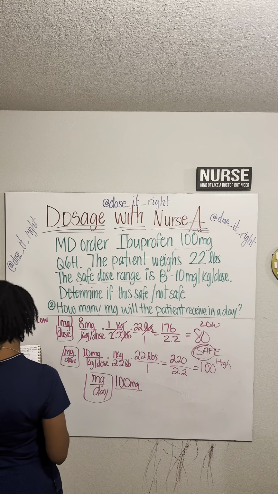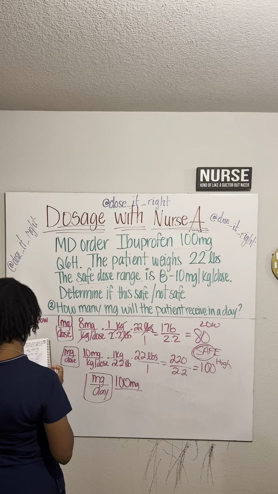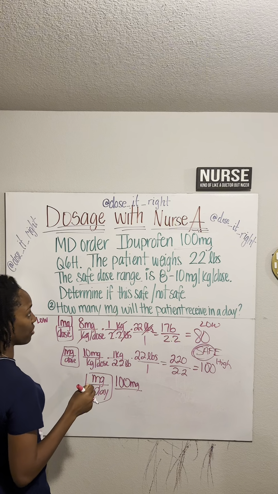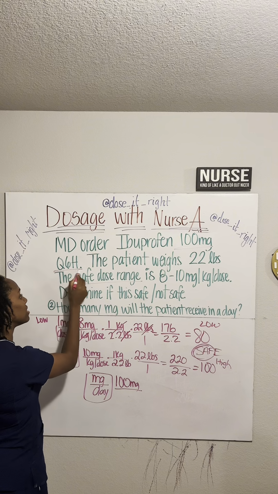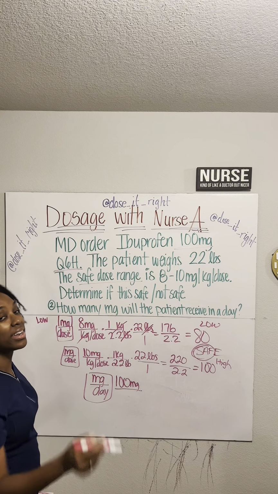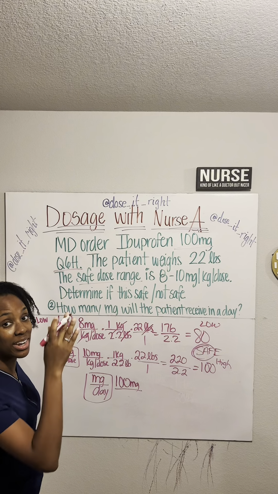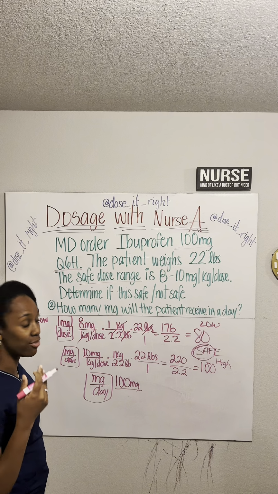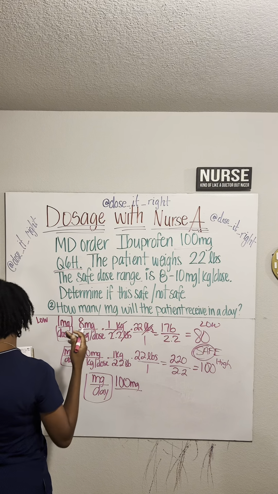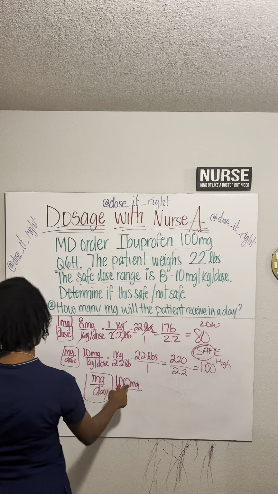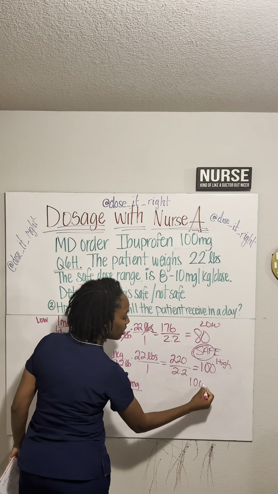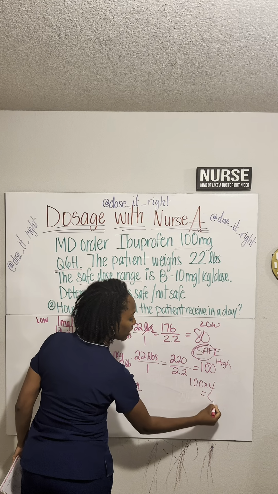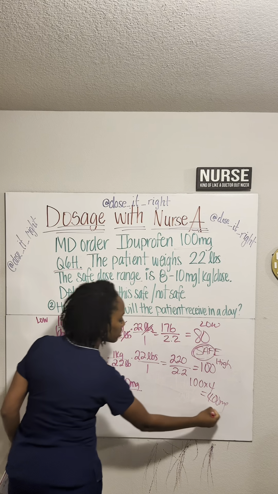But they're getting it 4 times in that day, because they said they're getting it every 6 hours. In one day, we have 24 hours. And if they're getting it every 6 hours, that means they're getting it 4 times a day. So you could simply just do 100 times 4, and we know that they're going to be getting 400 milligrams, all right?